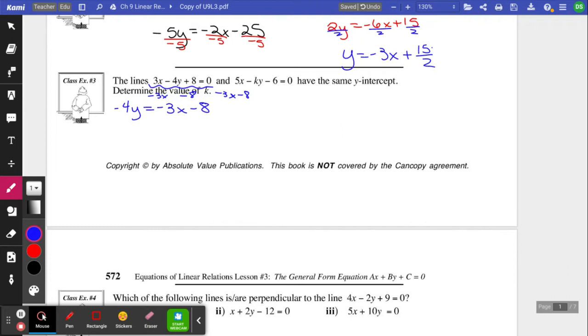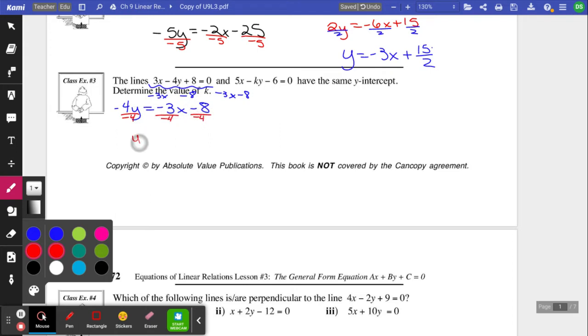One more step, divide by negative 4. And I have y equals positive 3/4 x plus 2. Agreed? Okay, that's good to go there. That's all you can really do. Do you know the y-intercept now? 2. Okay, let's go work on the other one.